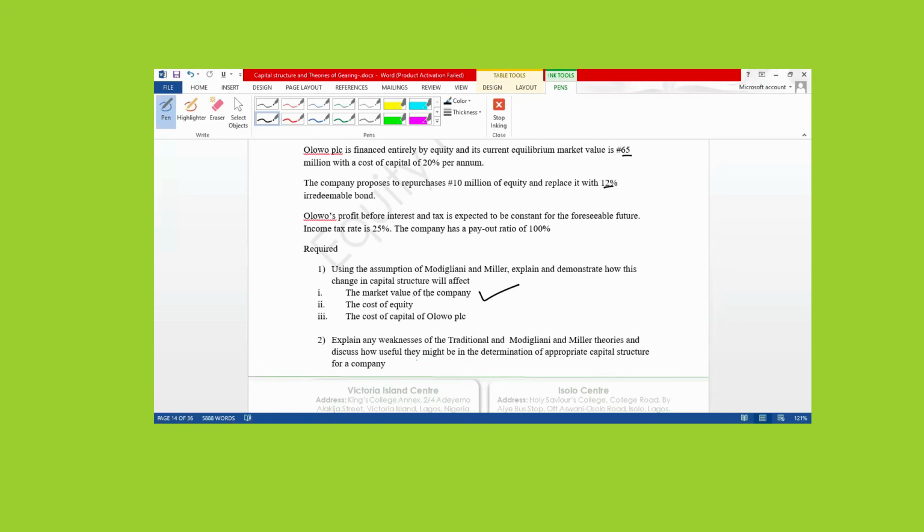When you are done, you move to Modigliani and Miller theory. What are the limitations of this theory? What is the usefulness of this theory if you have to determine an appropriate capital structure?